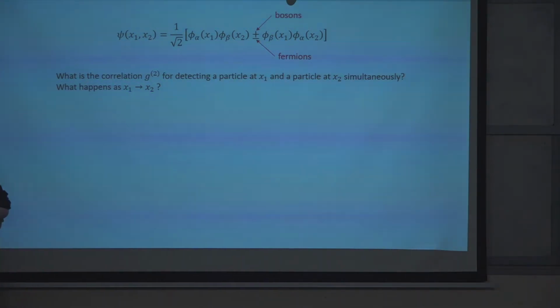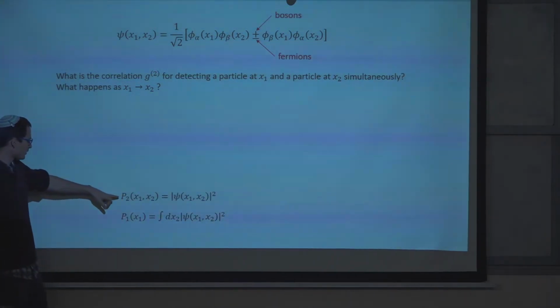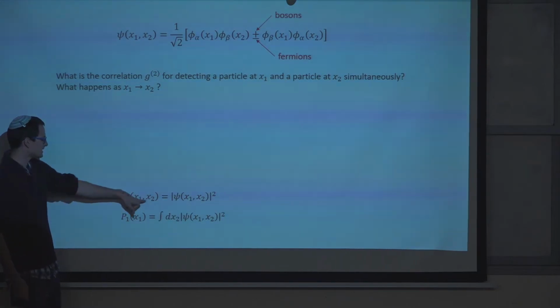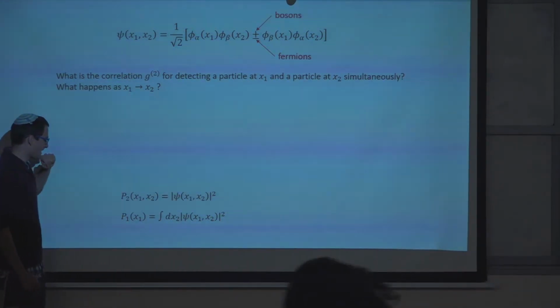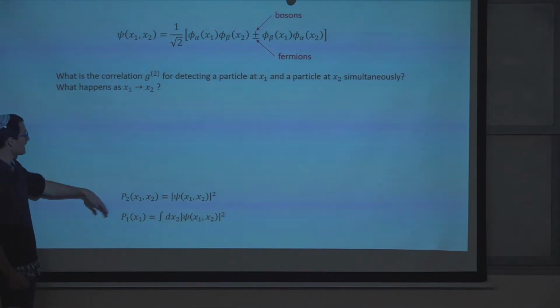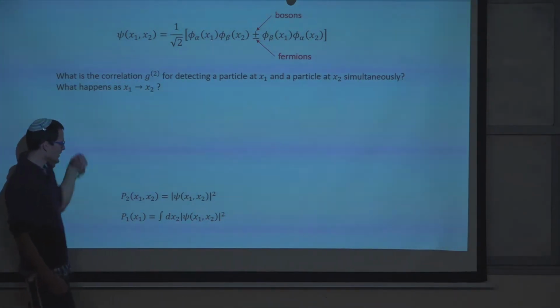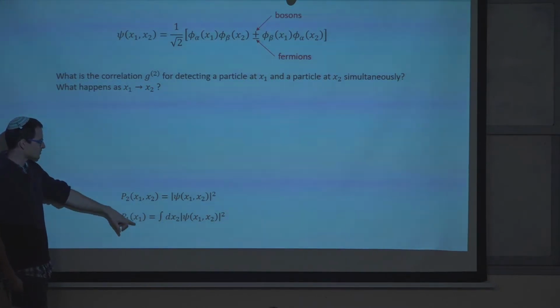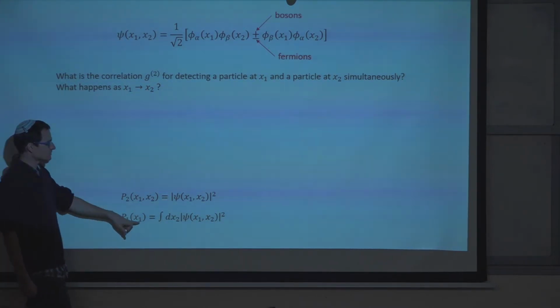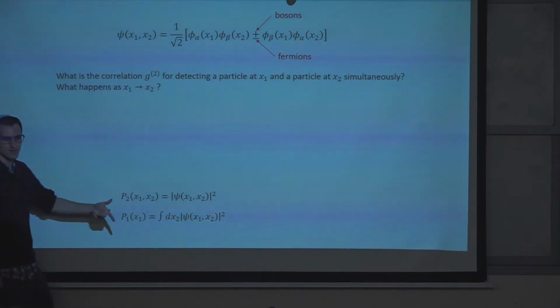So in order to think about this question, let's first of all define the probability of detecting x1 and x2 simultaneously, which is just the absolute value squared of this wave function. And to get the correlation function, we have to normalize it by the probability of detecting just one particle at x1, which is the wave function integrated over the other variable.